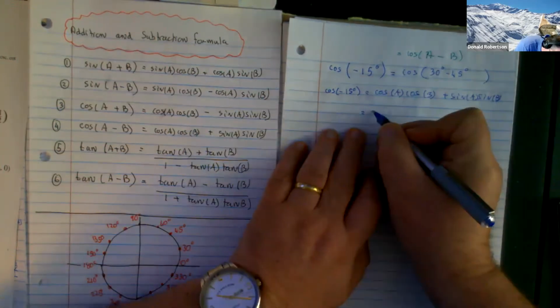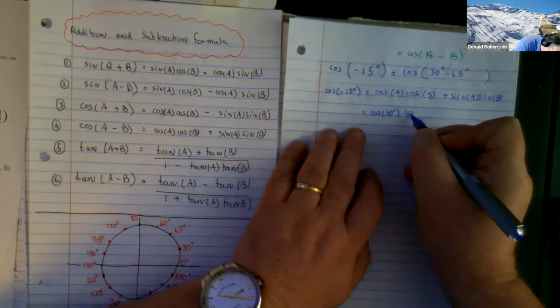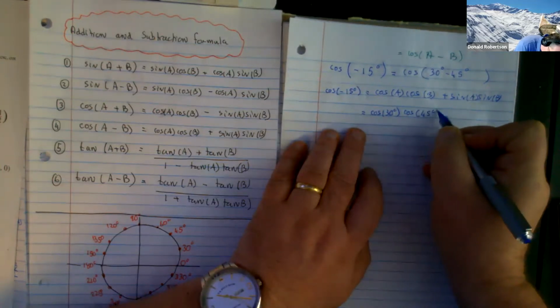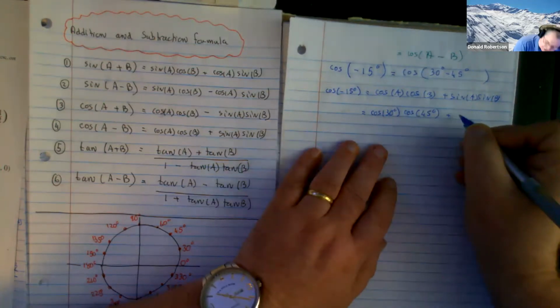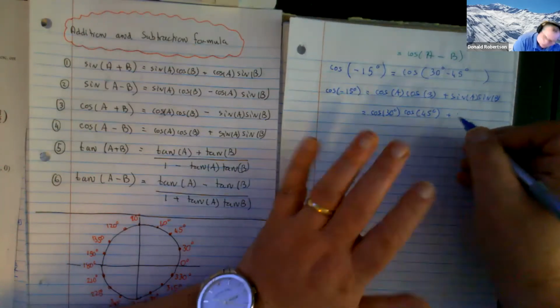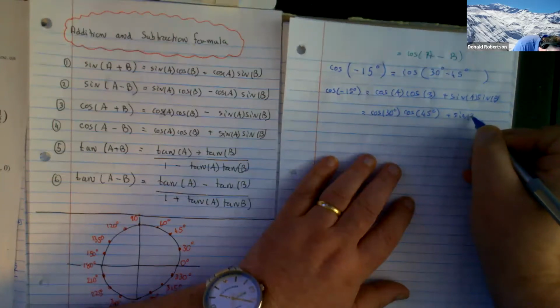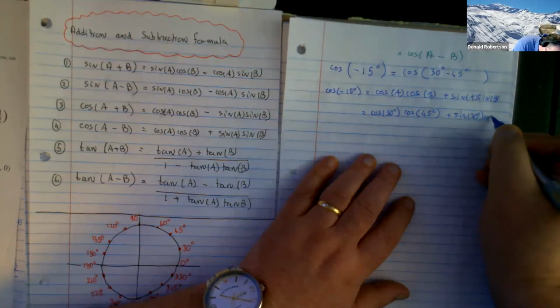And A is 30 degrees, so it's going to be a cosine of 30 degrees with a cosine of 45 degrees. Have you noticed that 45 seems to be around a lot? It's a very common combination to use. And so it's a sine of 30 degrees, cosine 45 degrees.